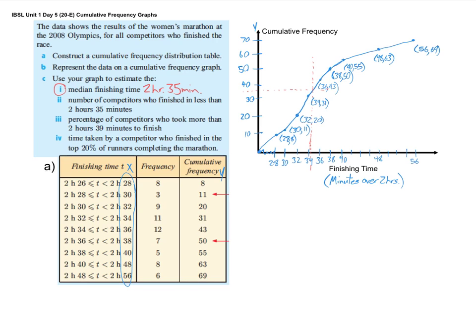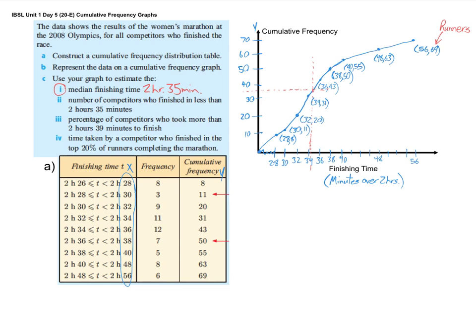How you figure that out? Basically, since there are 69 total runners, the median is going to be the middle score, right? Okay. So the middle of the 69 scores would be the 35th score. So I came over here, since these are my frequencies, and I came over here, where did the 35, or I should say, when did the 35th person finish?